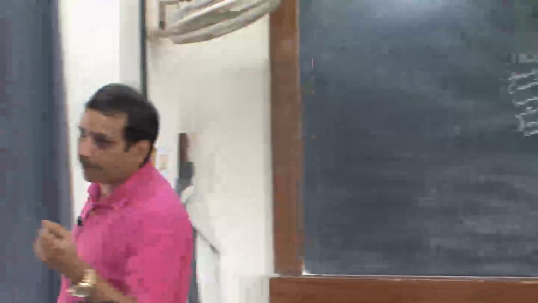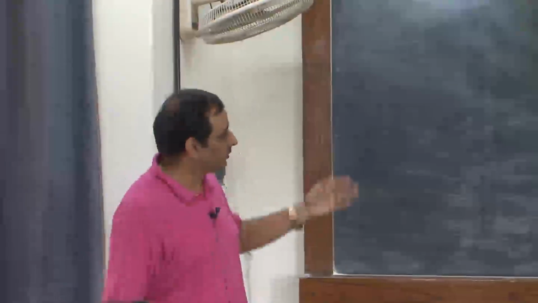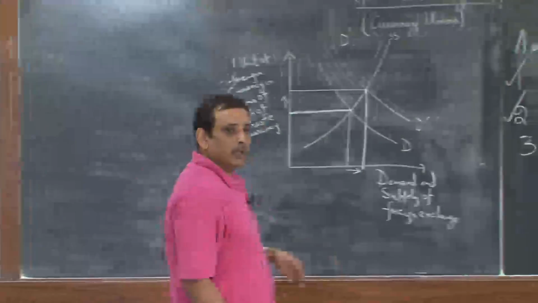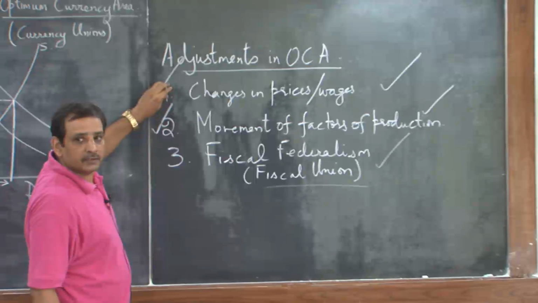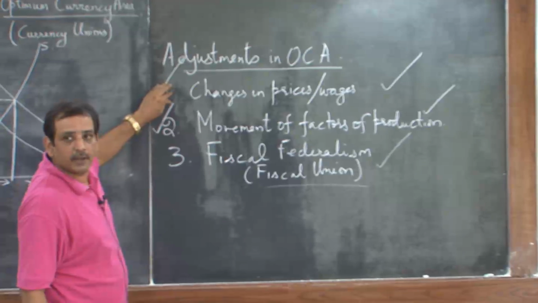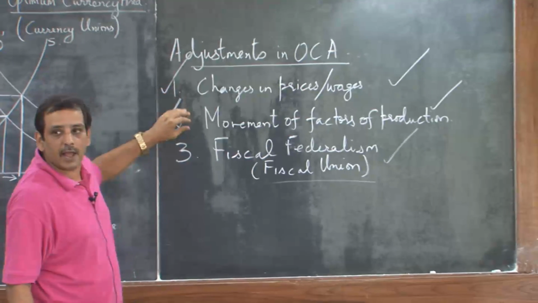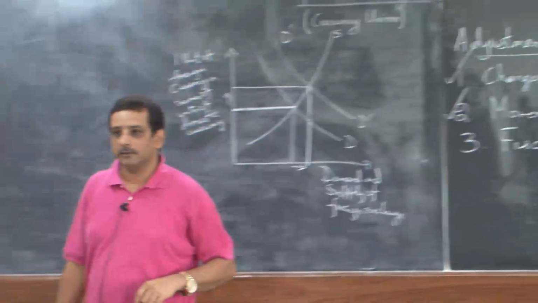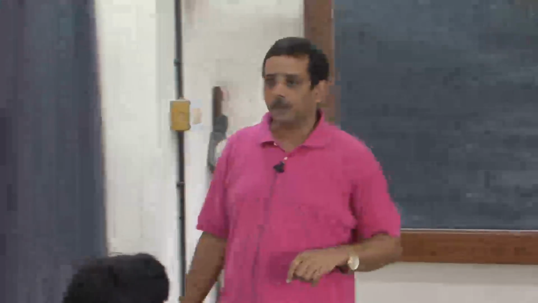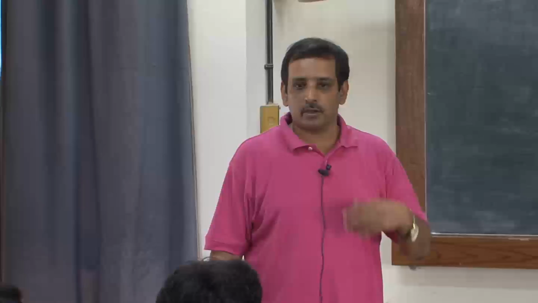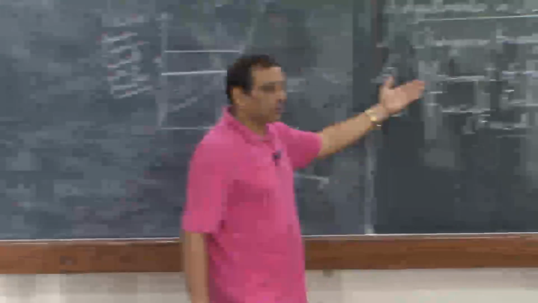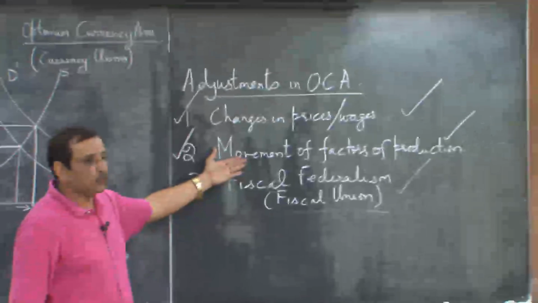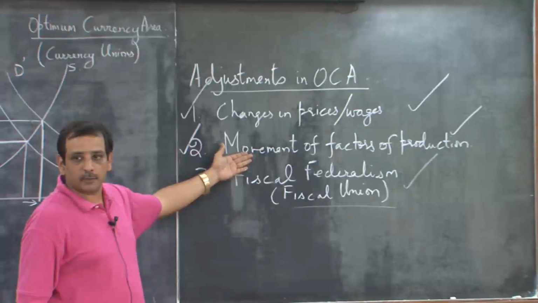Do you understand this debate? Because if this is so, then say a state of Gujarat within India would also like to have its own currency, because it knows that if it is part of India, there is no problem in the movement of factors of production.